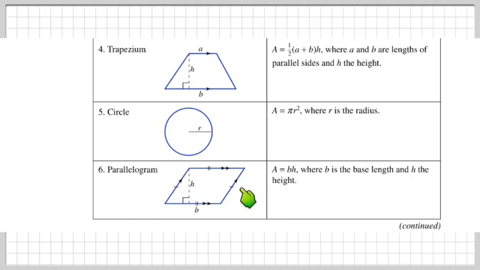So in effect, I've converted that to a rectangle, which has the same base B and the same vertical height H, so therefore it's easy to remember the formula for the area of a parallelogram. It's just similar to a rectangle, okay? You got that? B times H, base times vertical height, okay?